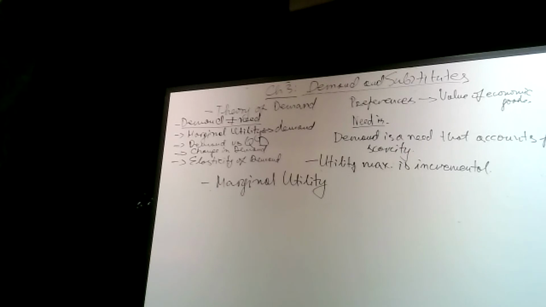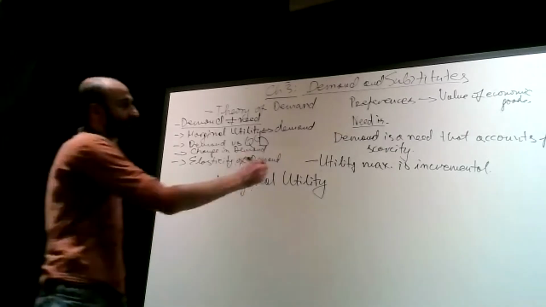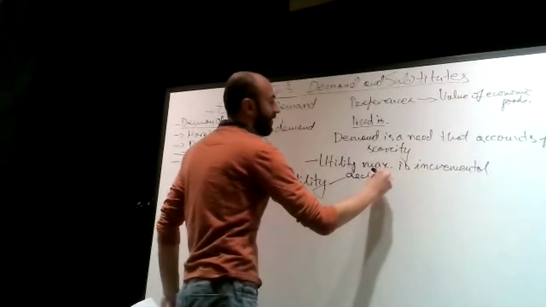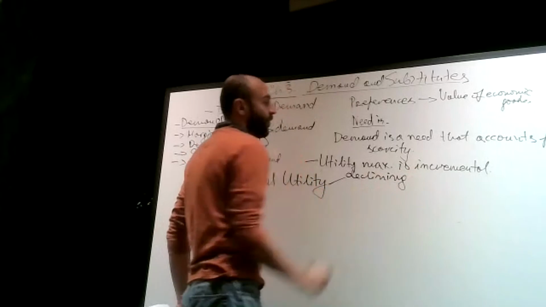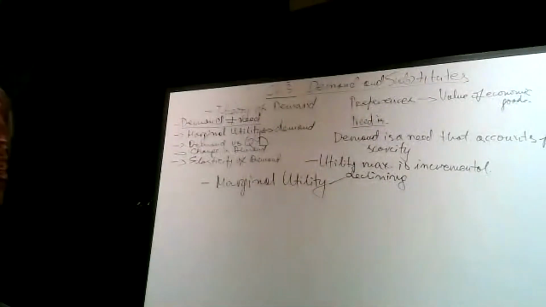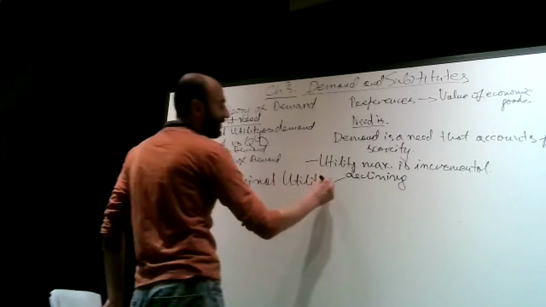Whatever that might be: bottles of scotch, sacks of corn, computers, cars. Any useful economic good that you acquire, that you increase the available stock of that good, the utility satisfaction that you derive from having one additional unit declines. So marginal utility is declining when you increase the stock of good. It is increasing when you decrease the stock of goods.